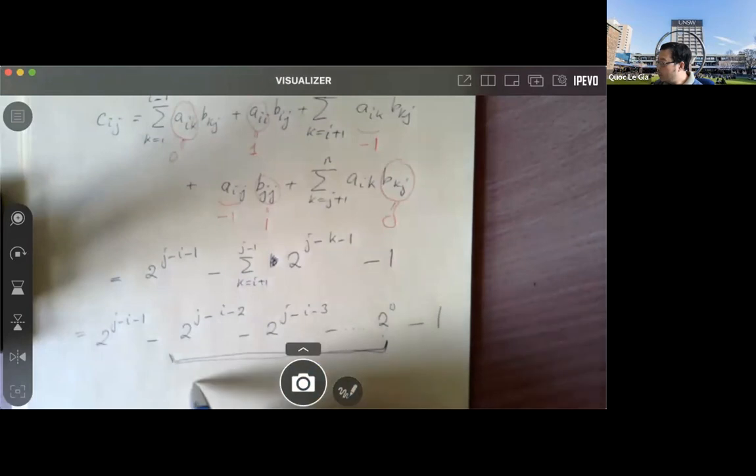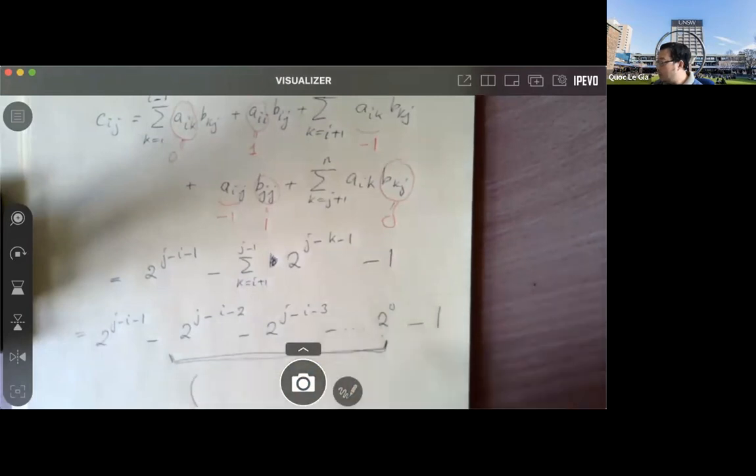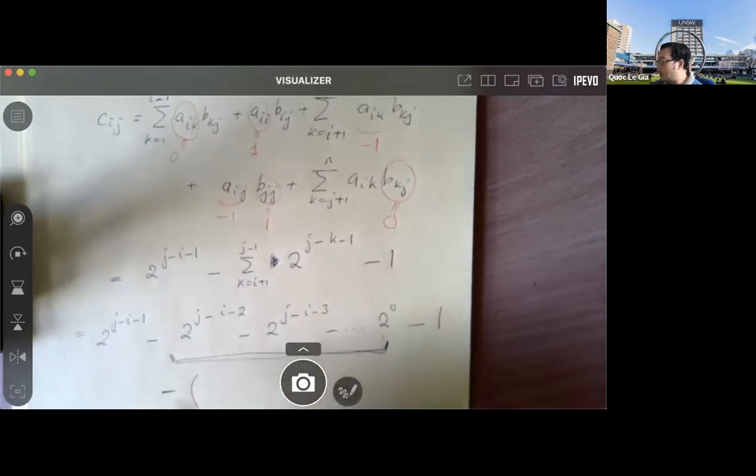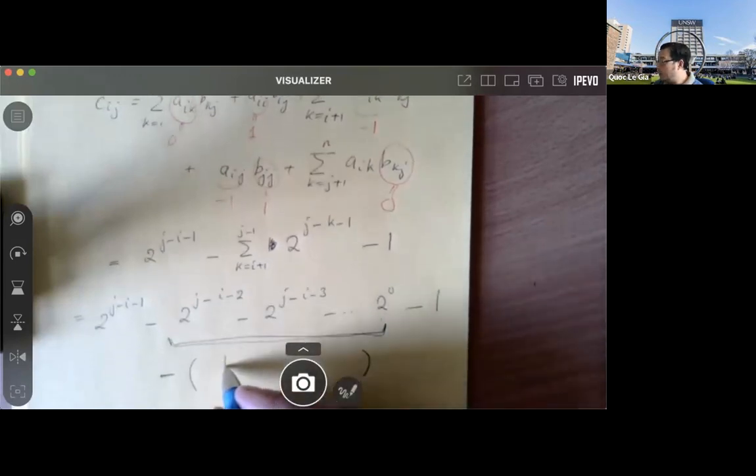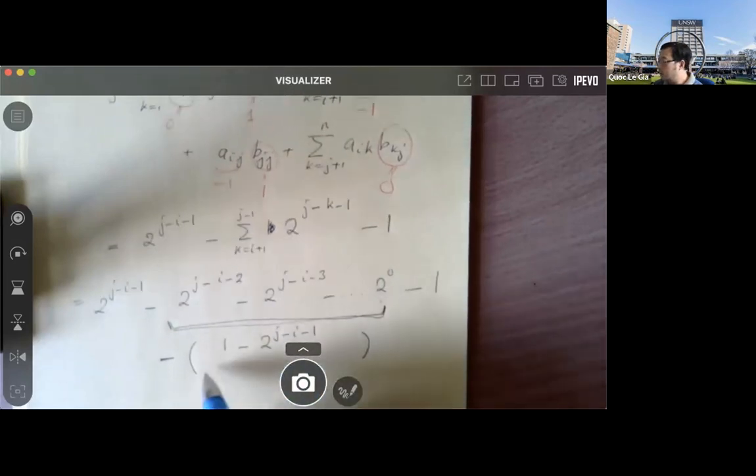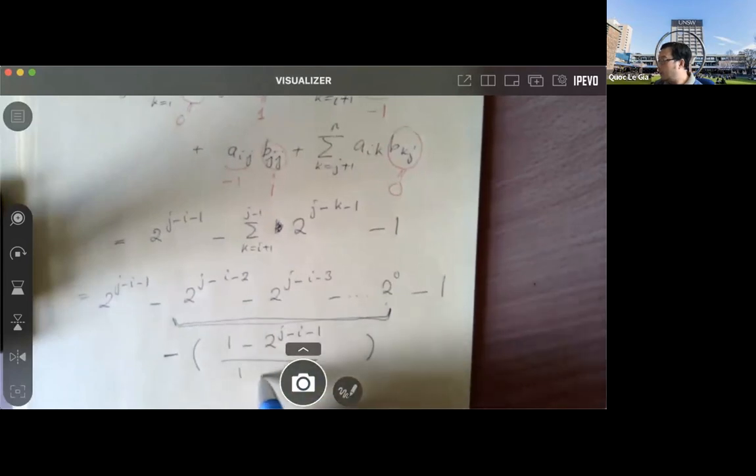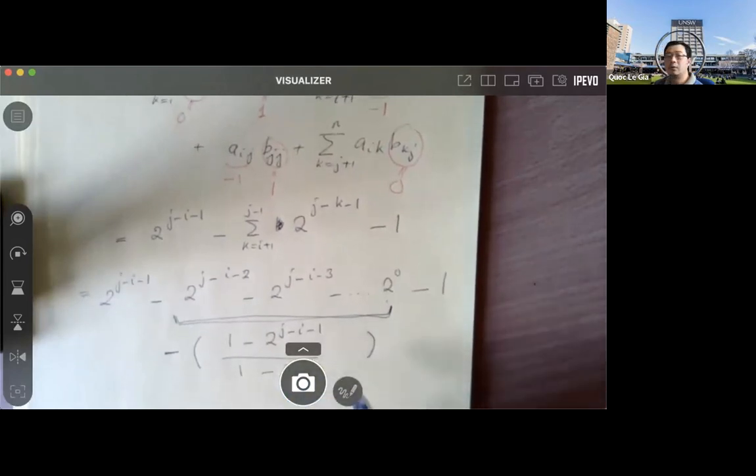We put a big minus outside, and it will be 1 minus 2 to the j minus i minus 1, divided by 1 minus 2, right?